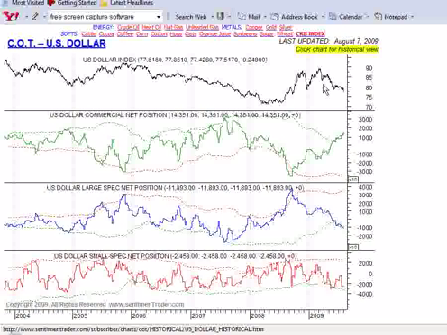We can see that as the dollar's been falling here, the smart money has continued to increase their exposure on futures contracts on the dollar. And counter to that, we've seen the dumb money, the speculators, continuing to get further net short as the dollar's been falling. Here's the zero line, so anything below that is net short.